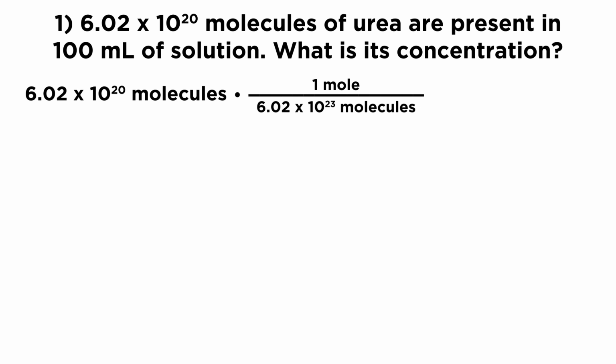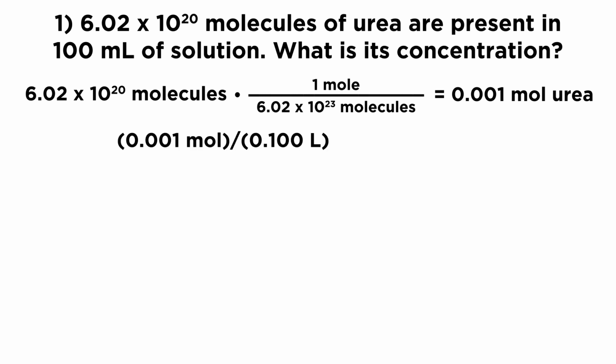Let's take 6.02 times 10 to the 20 molecules times 1 mole over 6.02 times 10 to the 23rd molecules, because there's Avogadro's number of items in a mole, no matter what object we're looking at. So if we do that arithmetic, we get 0.001 moles of urea.